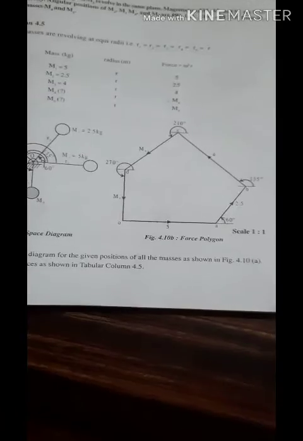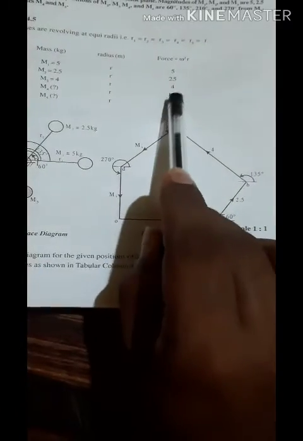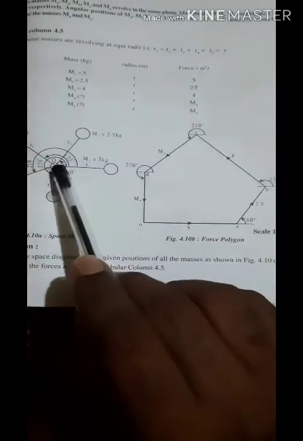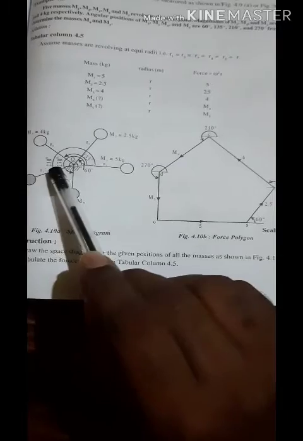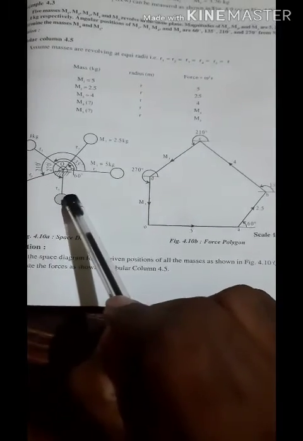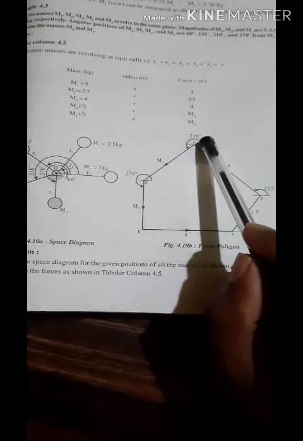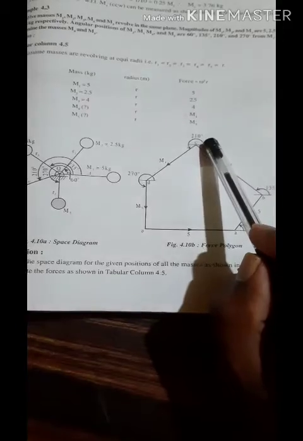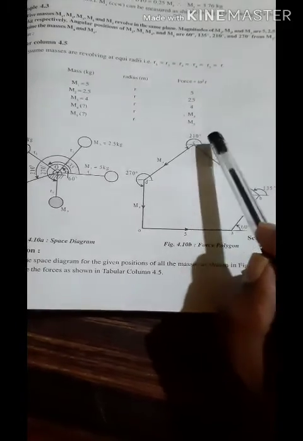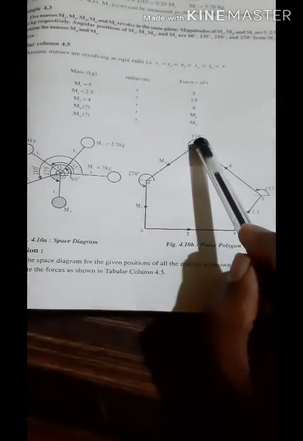Now the other two masses m4 and m5 are unknown, but we know the angles. m4 is at 210 degrees and m5 is at 270 degrees. Since we have to close the polygon to balance the system, first we will draw the angular direction of mass m4.